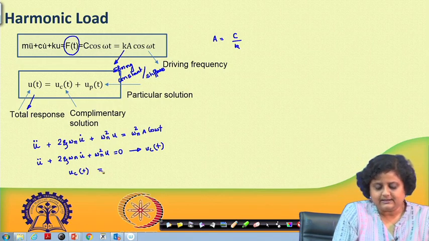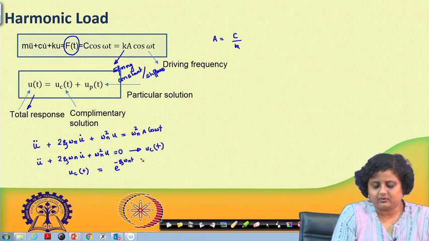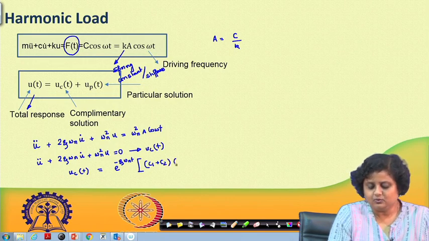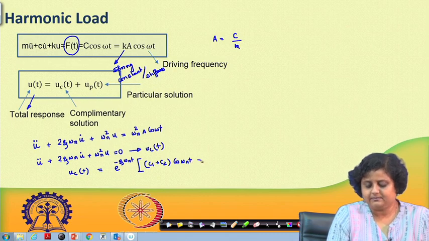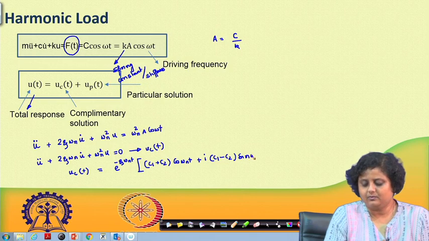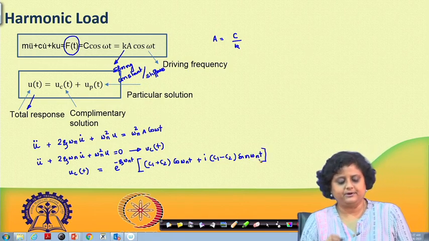U c t is e to the power minus zeta omega n t, into C 1 plus C 2 into cos omega n t plus i C 1 minus C 2 into sine omega n t. I have already found this in the previous lectures.